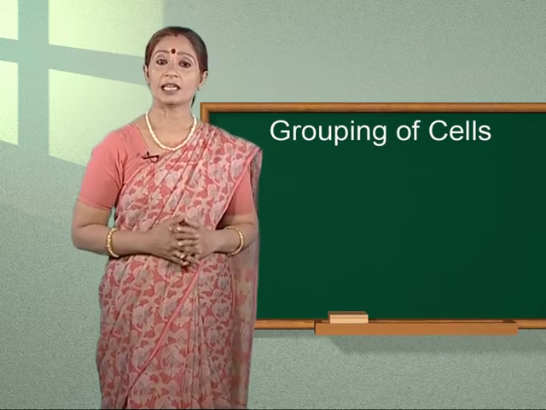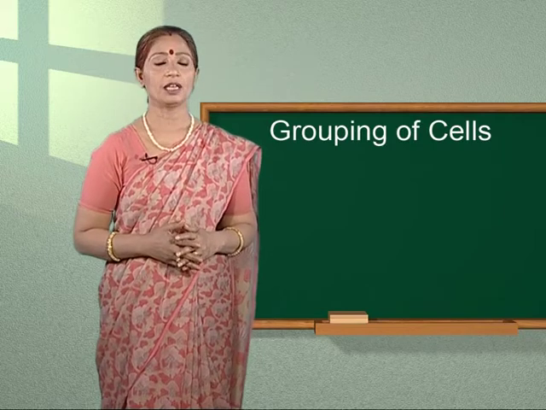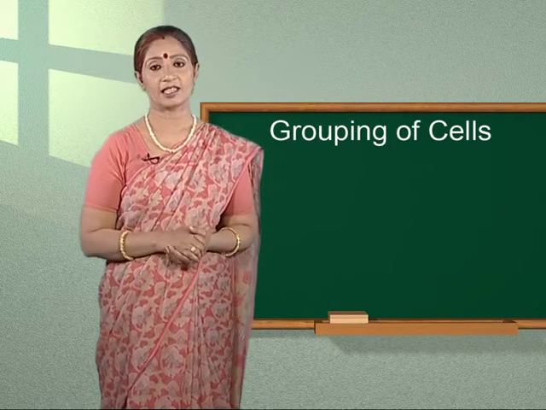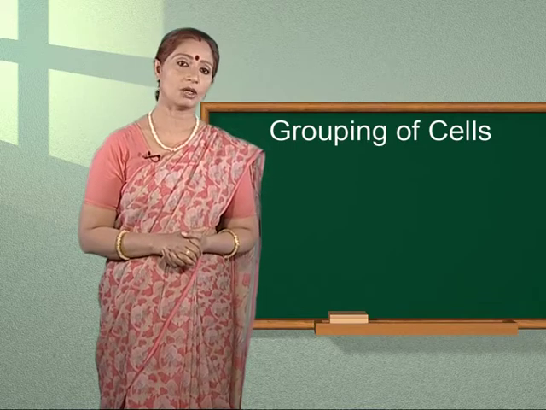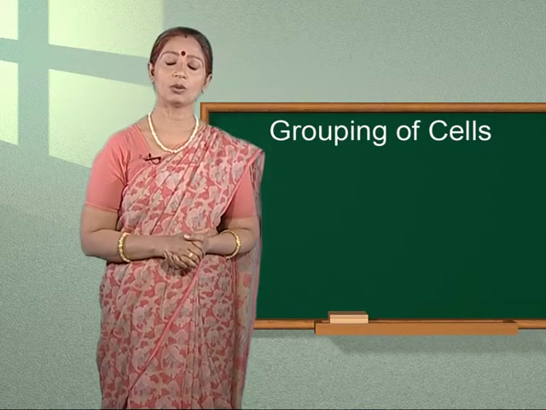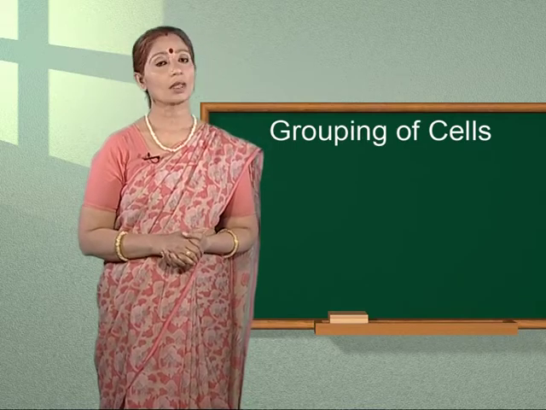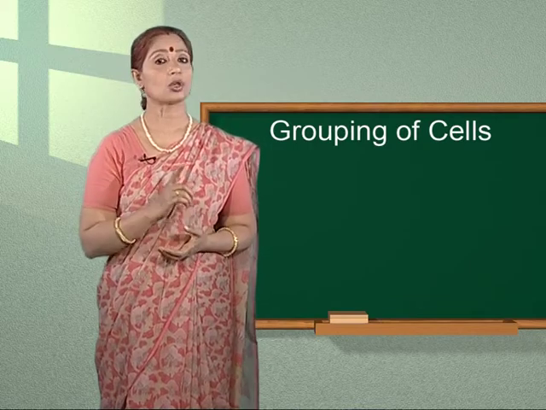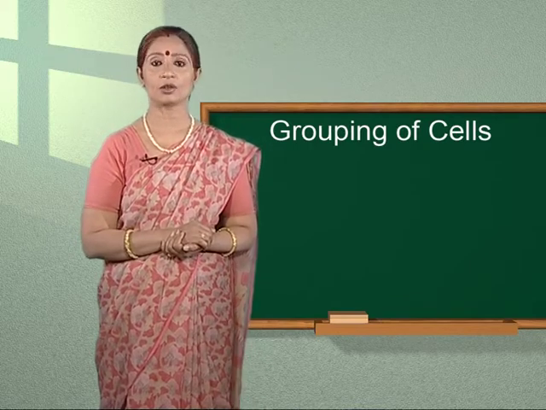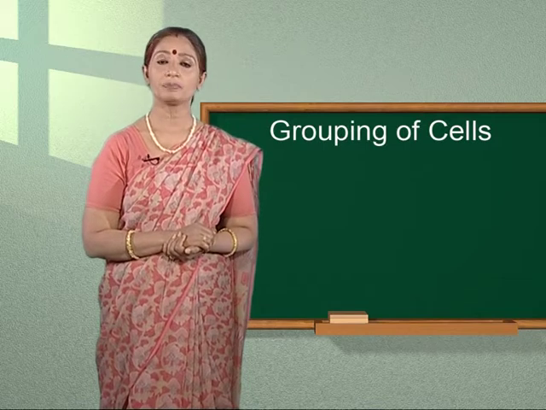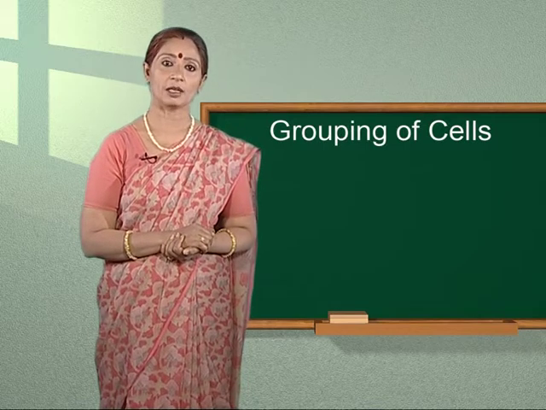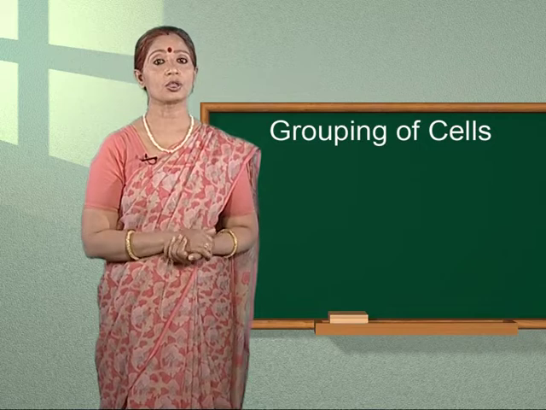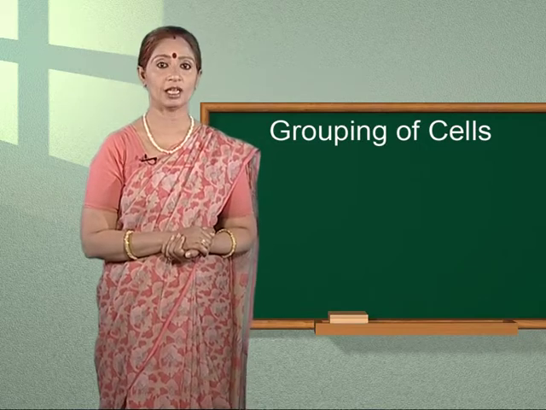When n identical cells, each of EMF E, are connected in series, the total EMF is equal to nE. When one cell is wrongly connected in series with n identical cells, each of EMF E, it will reduce the total EMF by 2E.